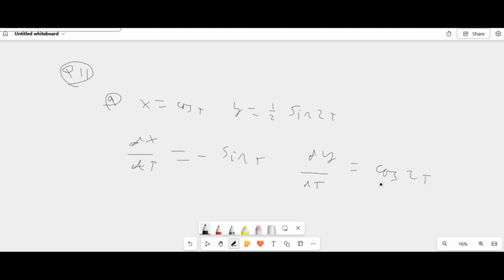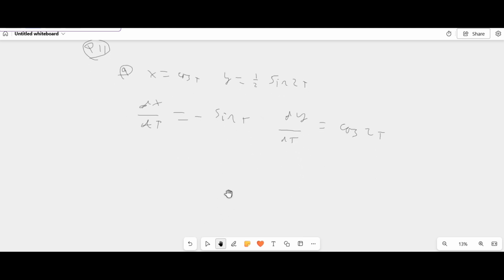Alright, calm. And then dy over dx here is going to be cos 2t over minus sine t. That's the answer for the differentiation here.